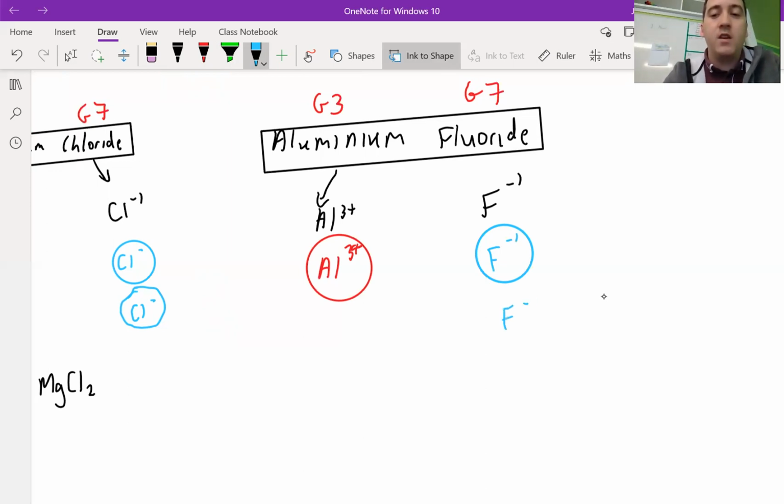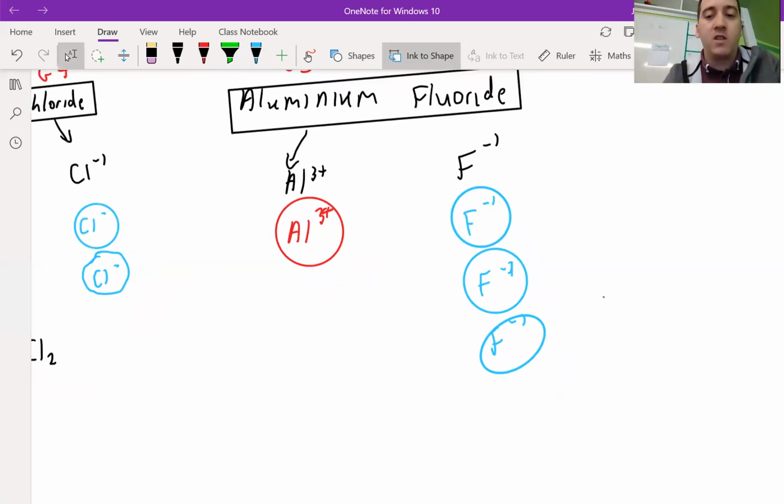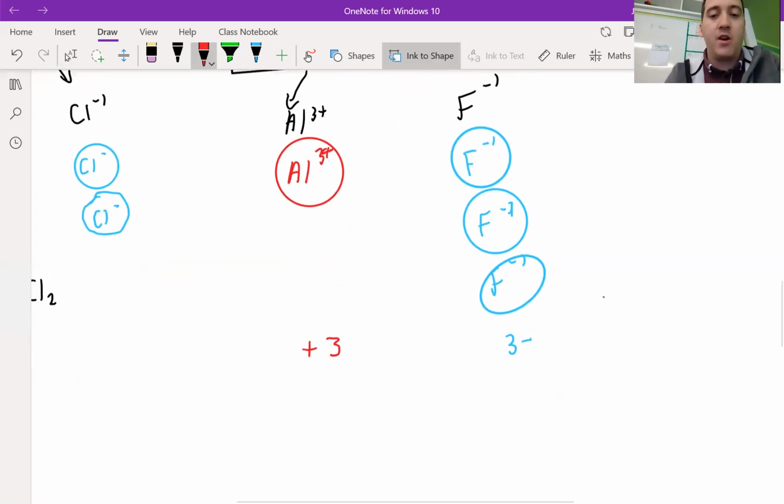Well, the answer is I've got to add in more of the minuses. There's a second one, and there's a third one. So now I've got one aluminium with a 3+, and I've got 3 fluorines with -1 each. So add these up now. These have a 3- charge altogether, and the aluminium has a +3 charge altogether. So when we add them up, they are neutral.